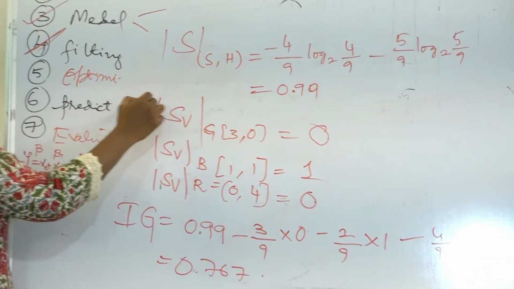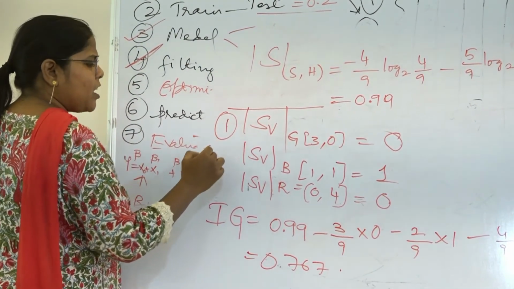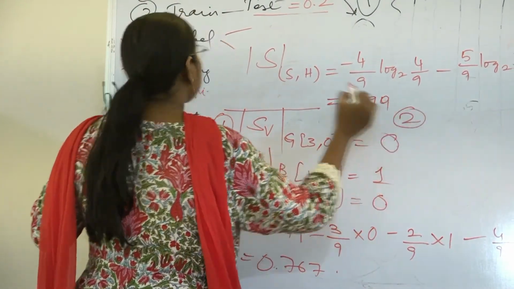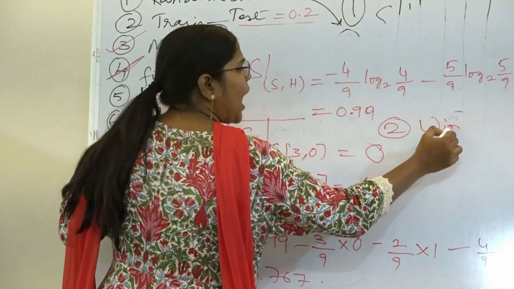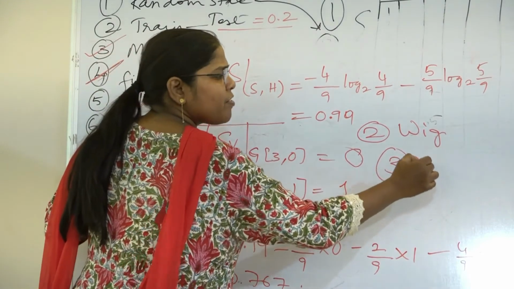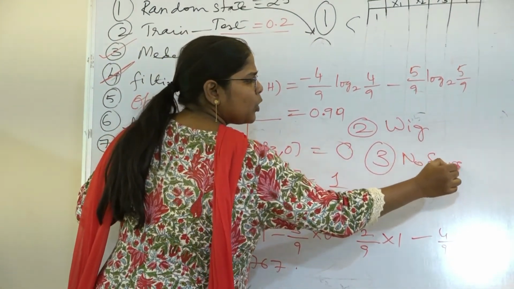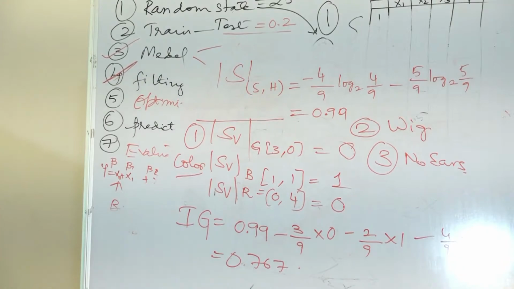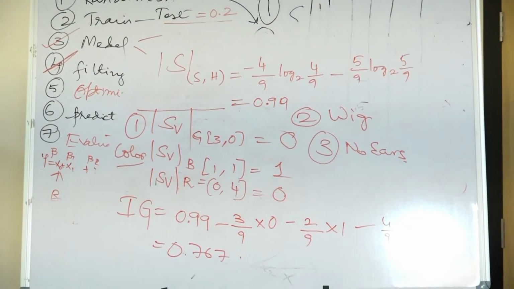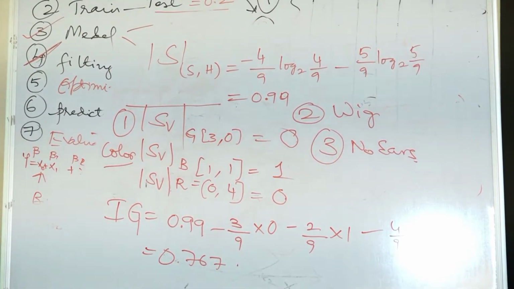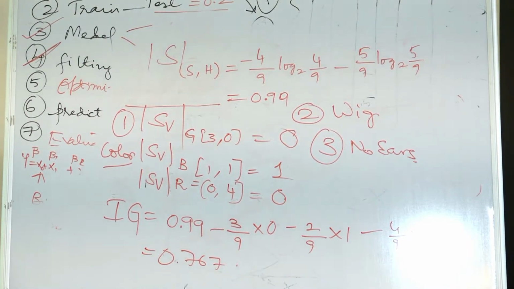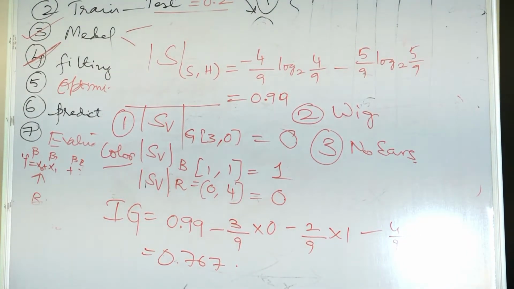Similarly, this is for color. Similarly, do for weight, and similarly do for the number of years. Among that, whichever gets the highest information gain will become the root node. After getting the root node, what do we need to do?